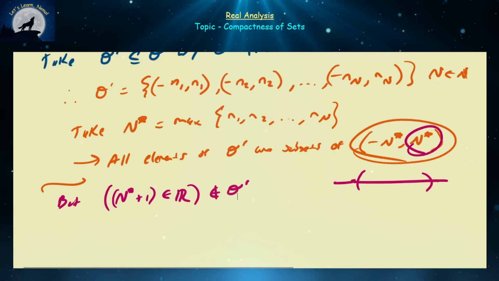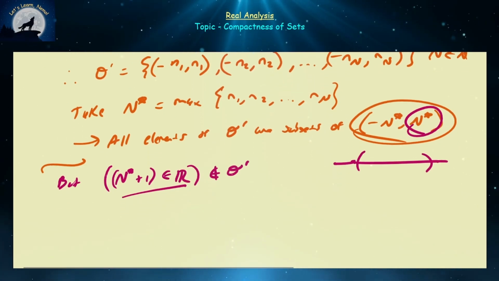So since we have a number that belongs to R but does not belong to the finite subcover of this open covering O that we have built, then what do we have?